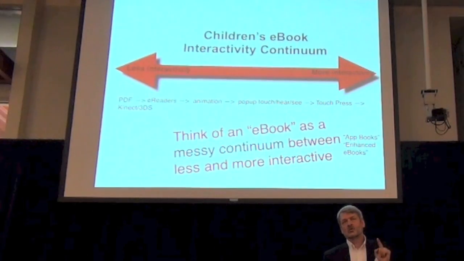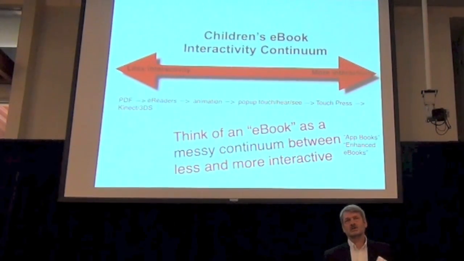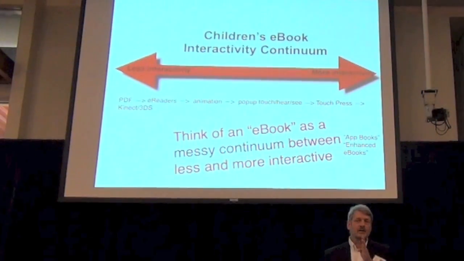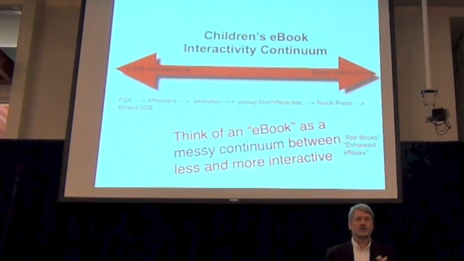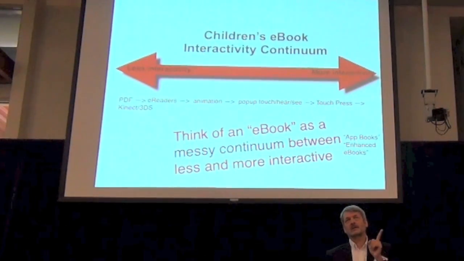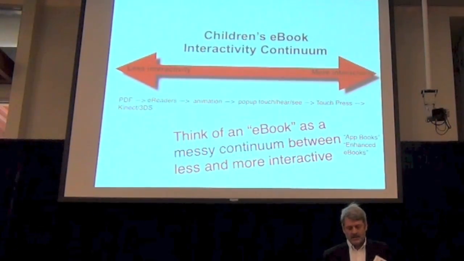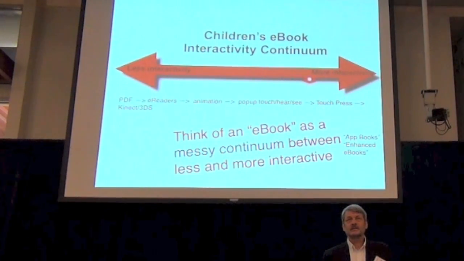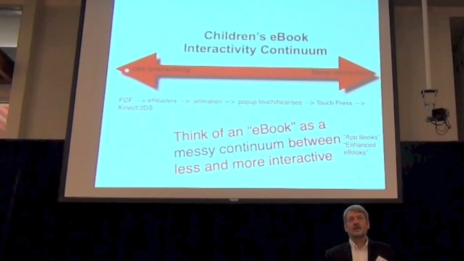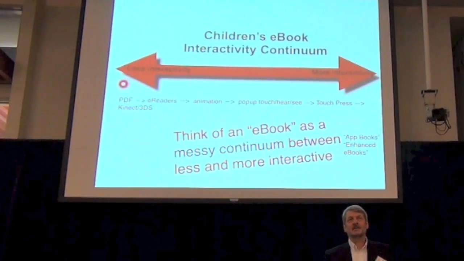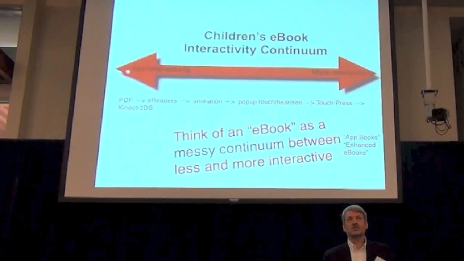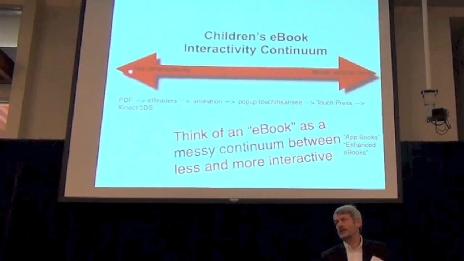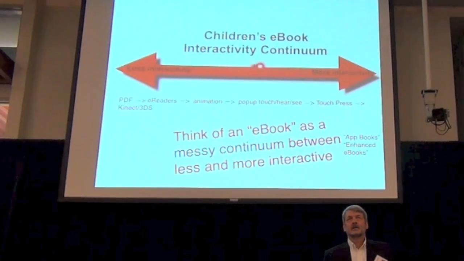And so a great way to start this conversation is to understand that every given app or product or ebook or whatever you call it lies on this continuum somewhere, and I think I can hold my finger on the screen and turn it into a laser pointer. Is that sweet? Fancy. So down here I've got sort of fixed and linear, like a PDF. So we can make an ebook at the end of this conference: just make a PDF, print it out, we're done.